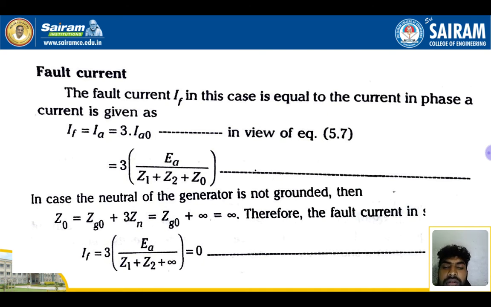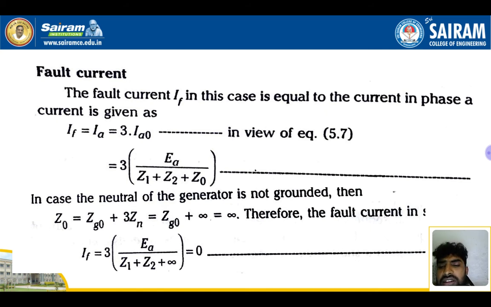That's a series circuit, right? In the case where the neutral of the generator is not grounded, Z0 is equal to Zg0 plus 3Zn. If it is not grounded, then Zg0 plus infinity is equal to infinity. Therefore, the fault current If is equal to 3 Ea by Z1 plus Z2 plus infinity.